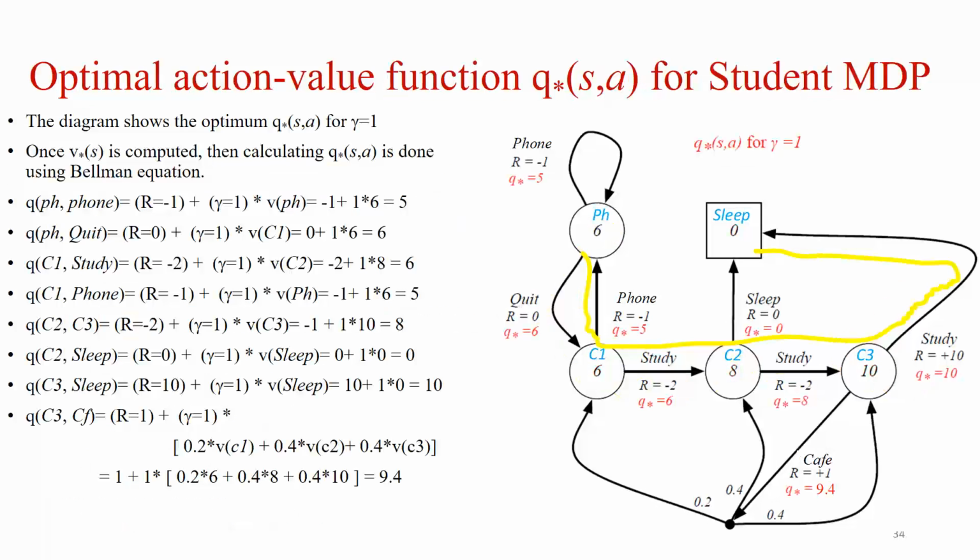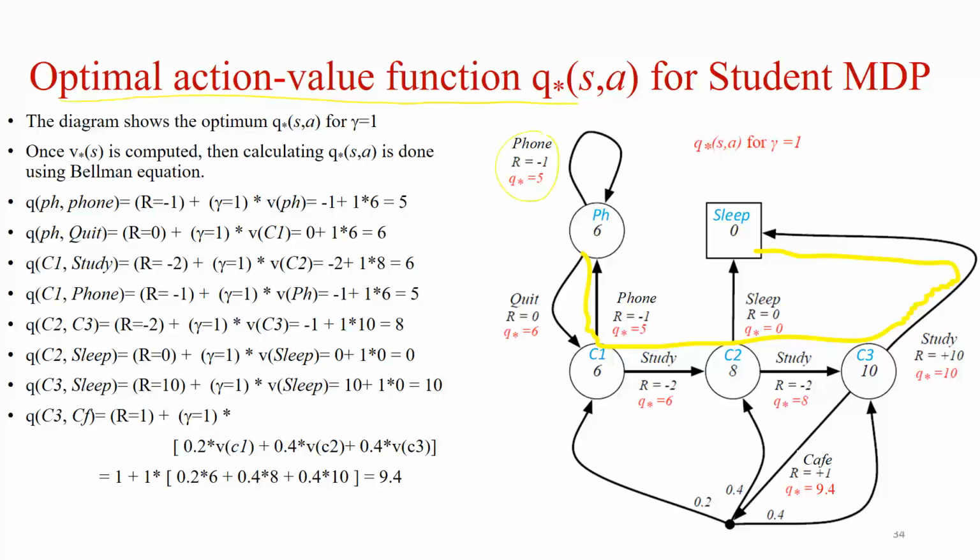Now, if we want the optimal action values, we can use the optimum state values to calculate them. Here I give an example. Suppose in the case of the phone, we have two actions.